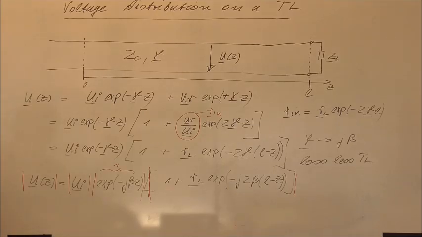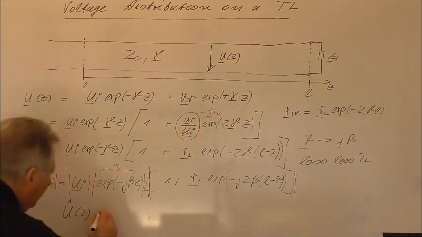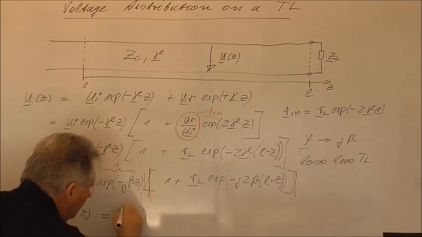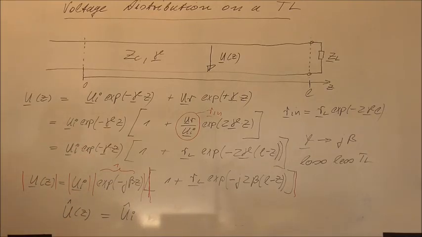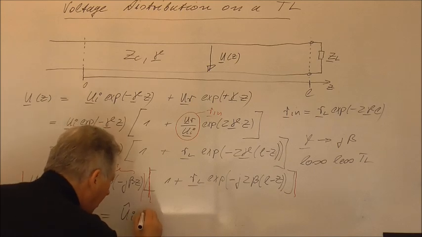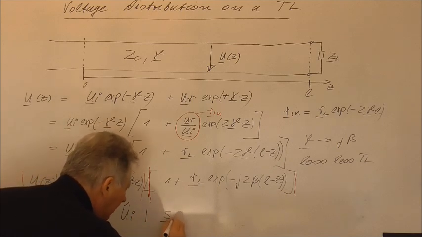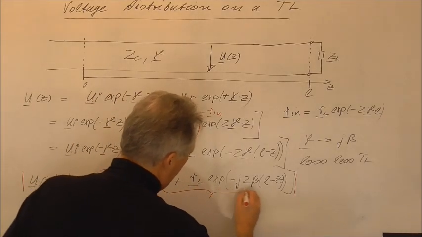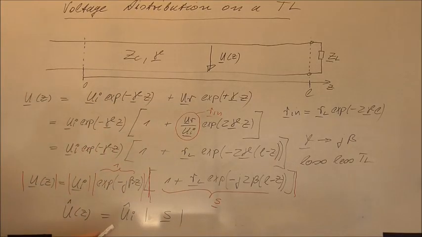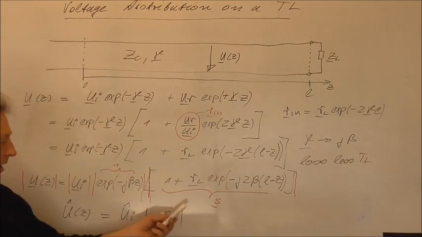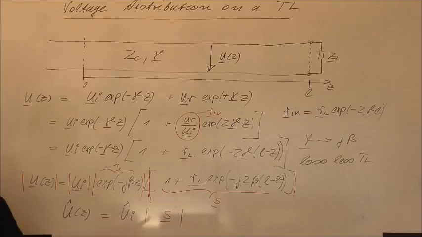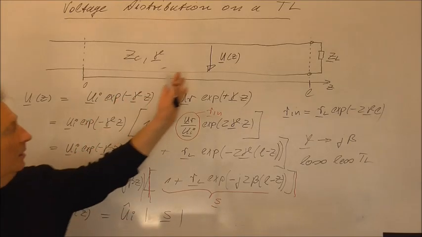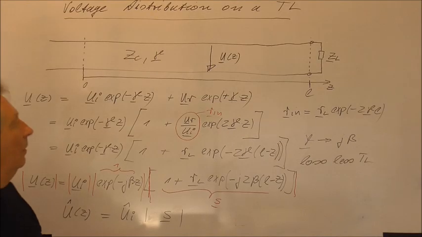So I can then say U of Z, this is the amplitude at a certain point in space, will be equal to the incident voltage wave times the absolute value of S, if I define this to be the complex value S. And in the next step we will give some graphical representation of this absolute value, and then we will discuss the voltage distribution along the transmission line.